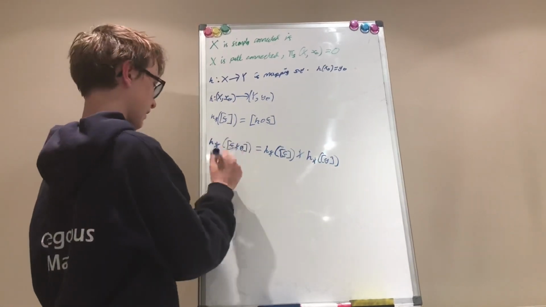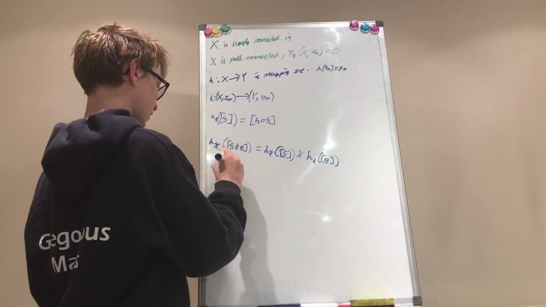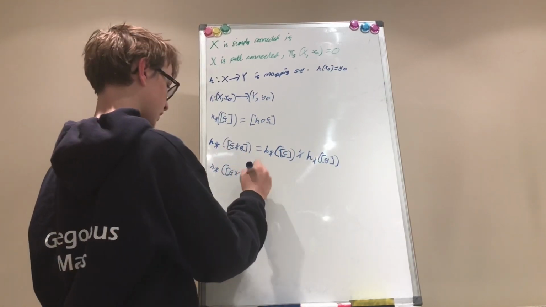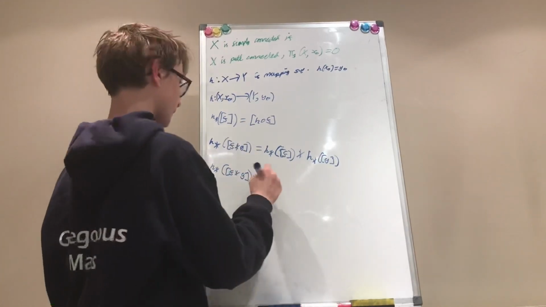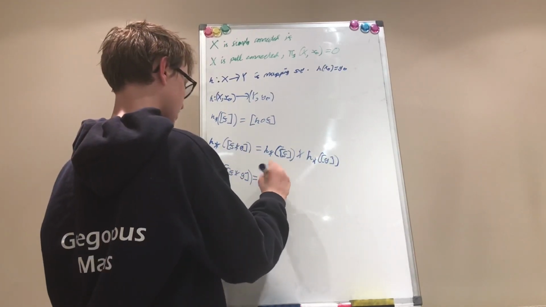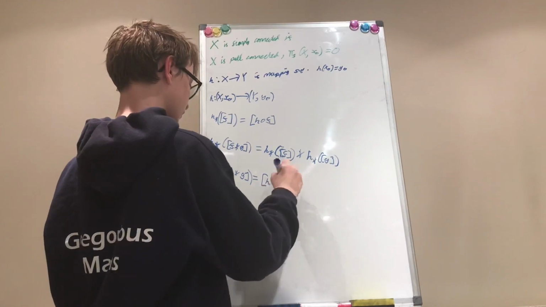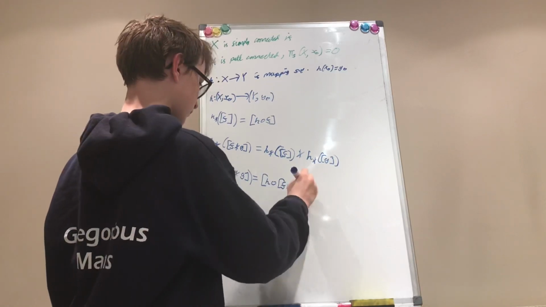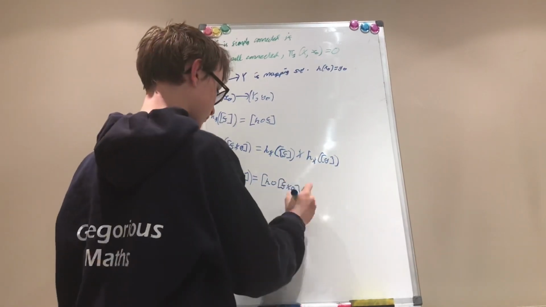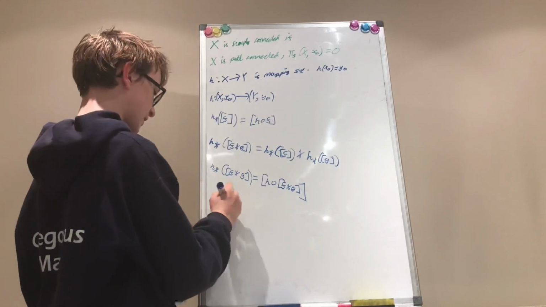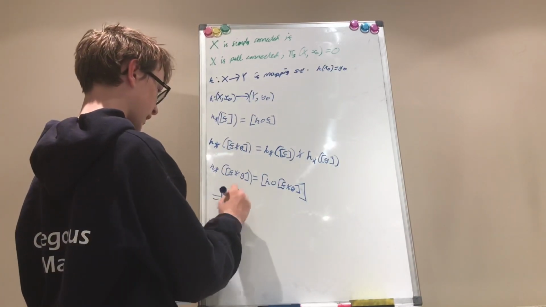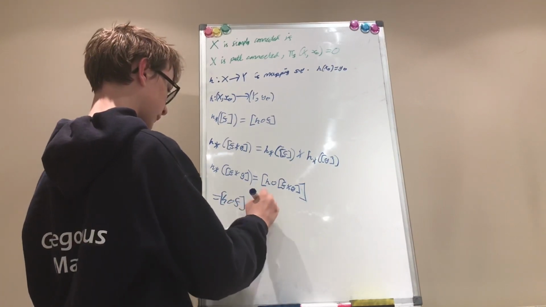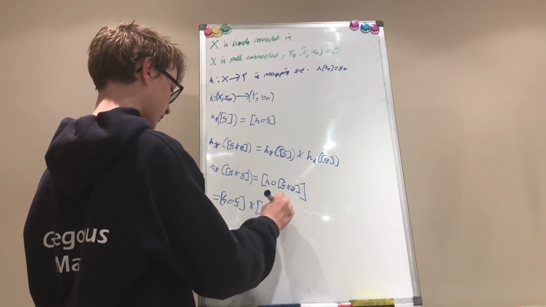Well, H star of the equivalence class of f star g is equal to the equivalence class of H compose f star g, and this is equal to the equivalence class of H compose f star the equivalence class of H compose g.